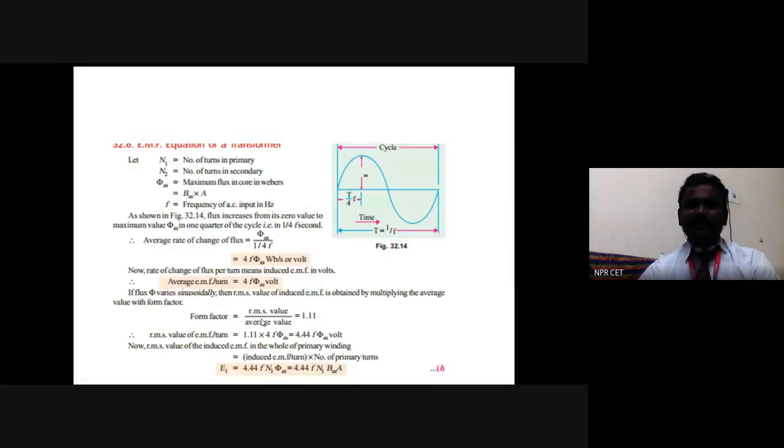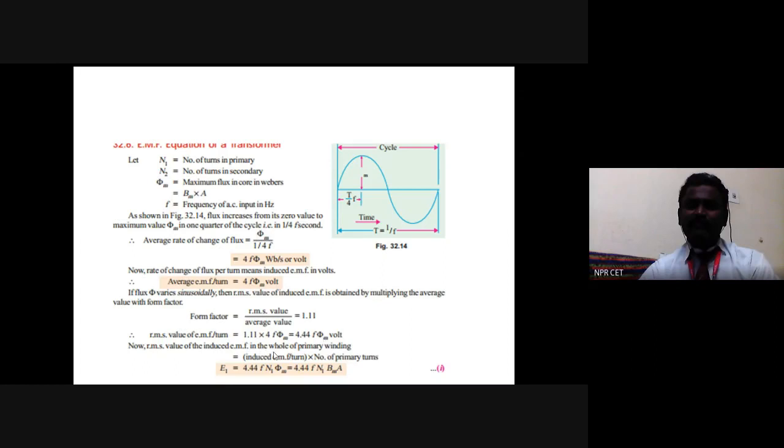So the average value is 4f phi m into 1.11. The RMS value of EMF per turn is equal to 4.44 f phi m volt.